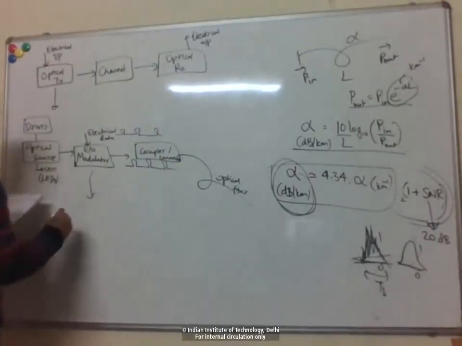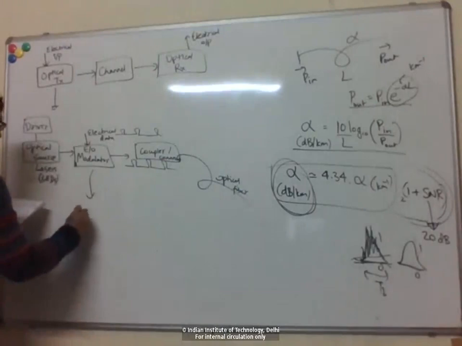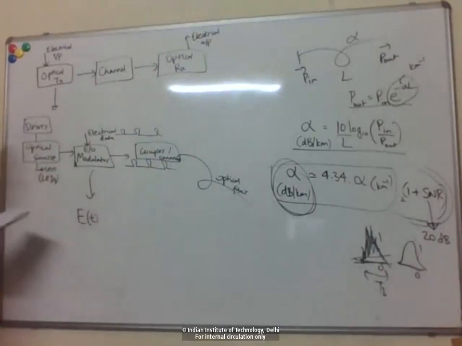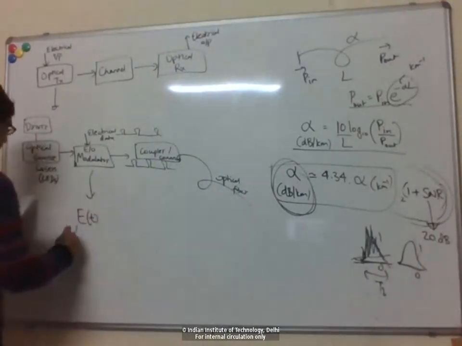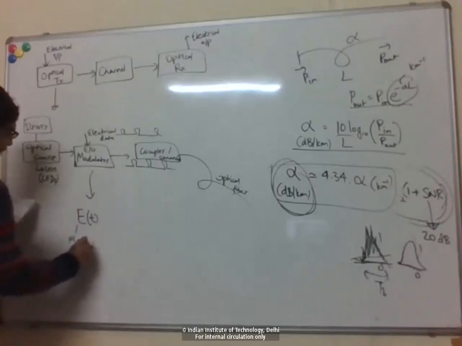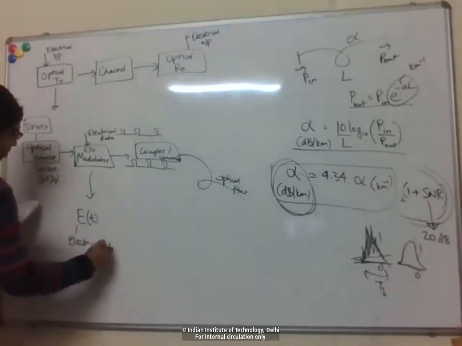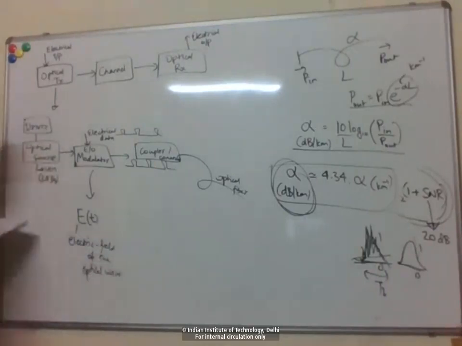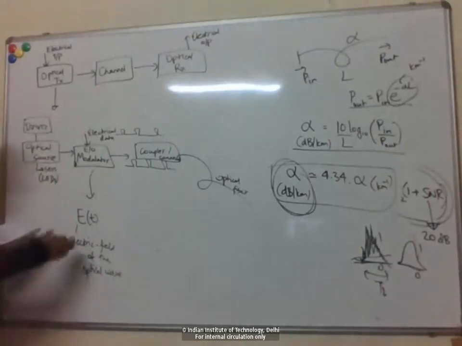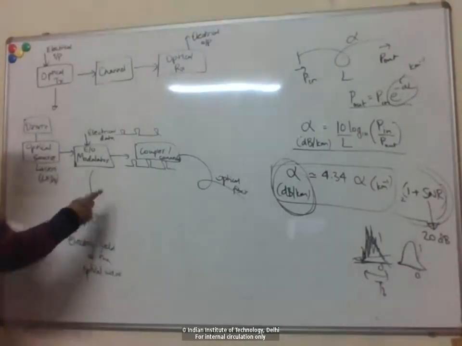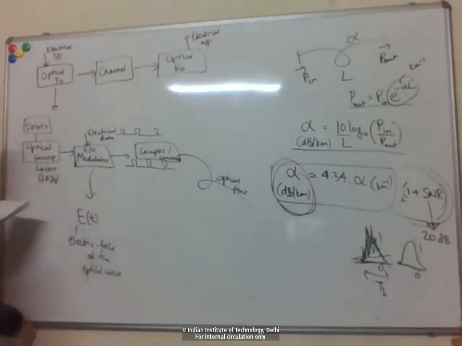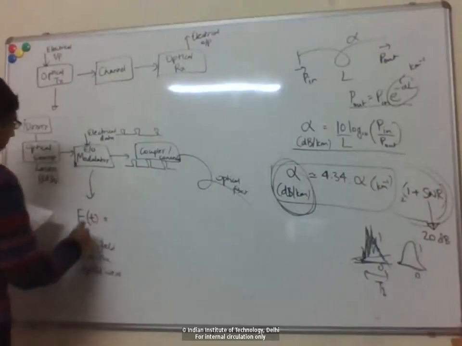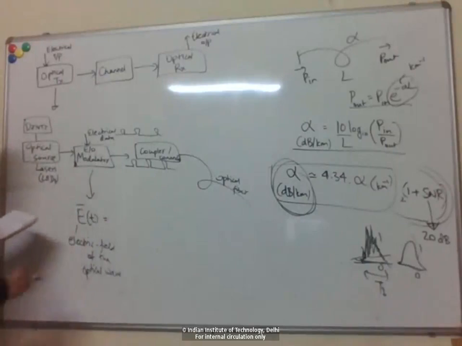Right, so again, this modulation, basically the electric field of the optical wave, or amplitude basically. So the mod square of this will give me the power in the optical field. This is a vector quantity, right?